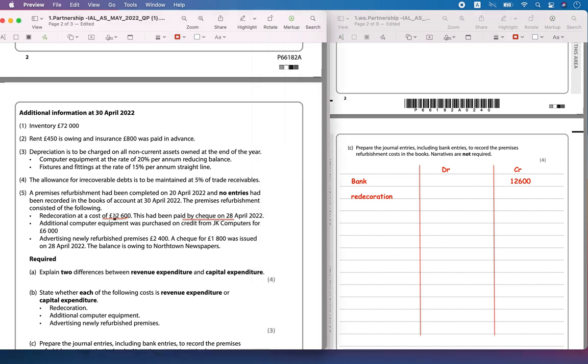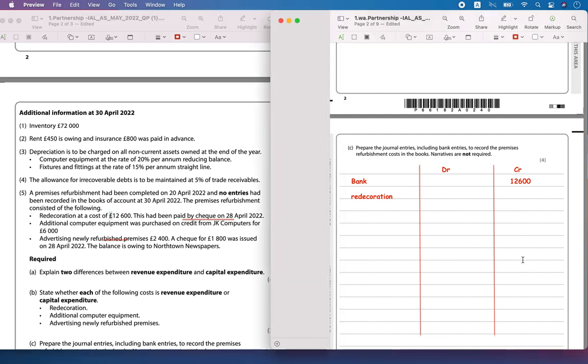In, out, that's also a way to remember this.